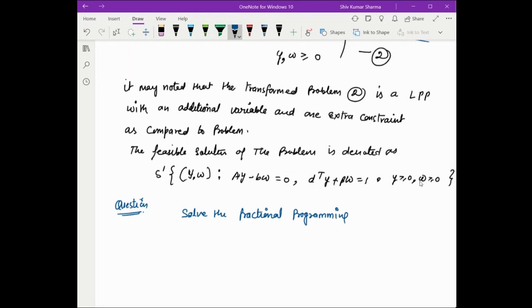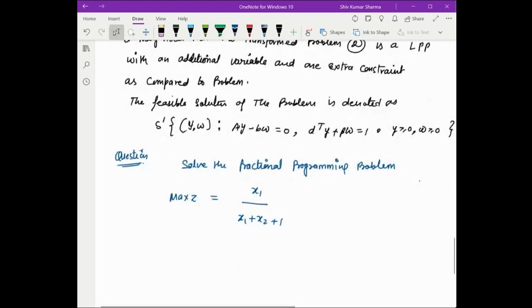Solve the fractional programming problem. Maximize z equal to x1 upon x1 plus x2 plus 1.